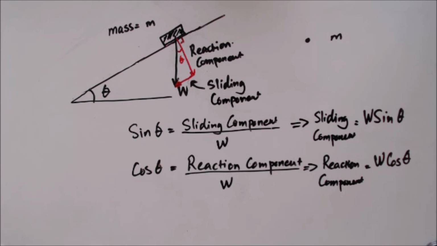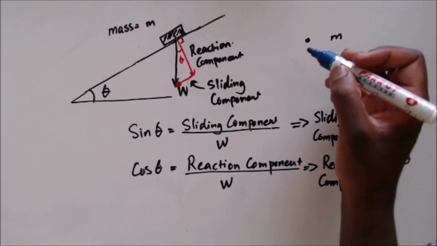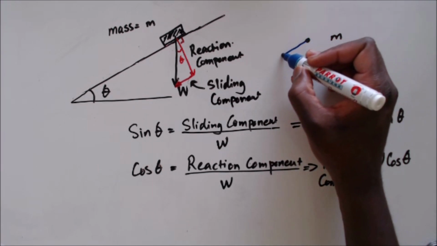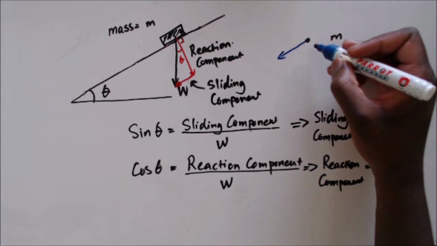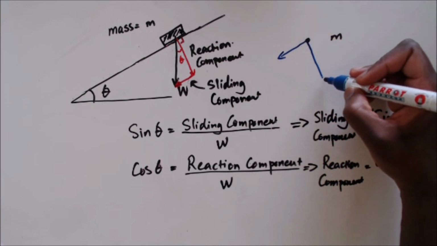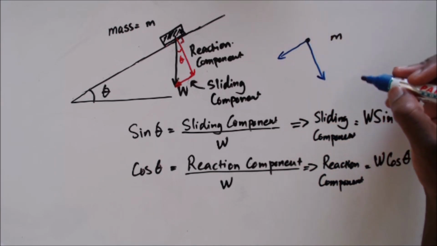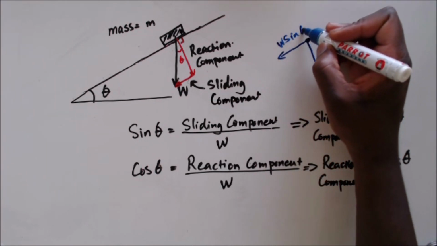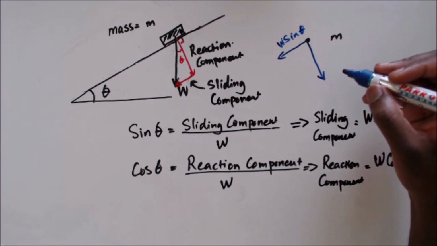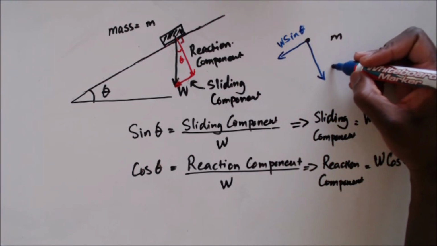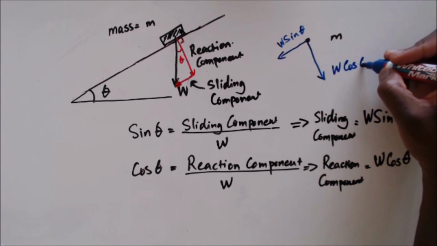So if we were to go back to our free body diagram, then on our free body diagram, we can draw two forces, one which is the sliding component and the other which is the reaction component. And then we can label them, your sliding component being W sine theta, and your reaction component, which pulls this mass down into the plane, being W cosine of theta.